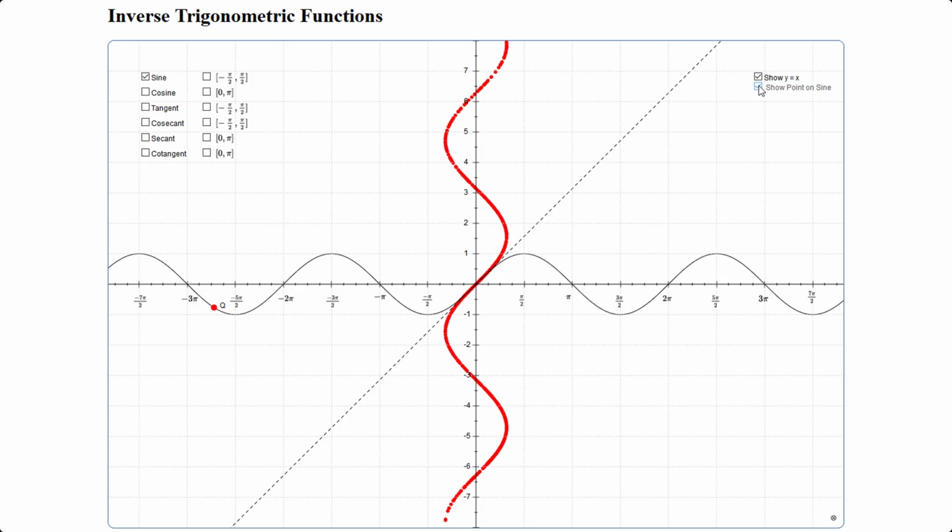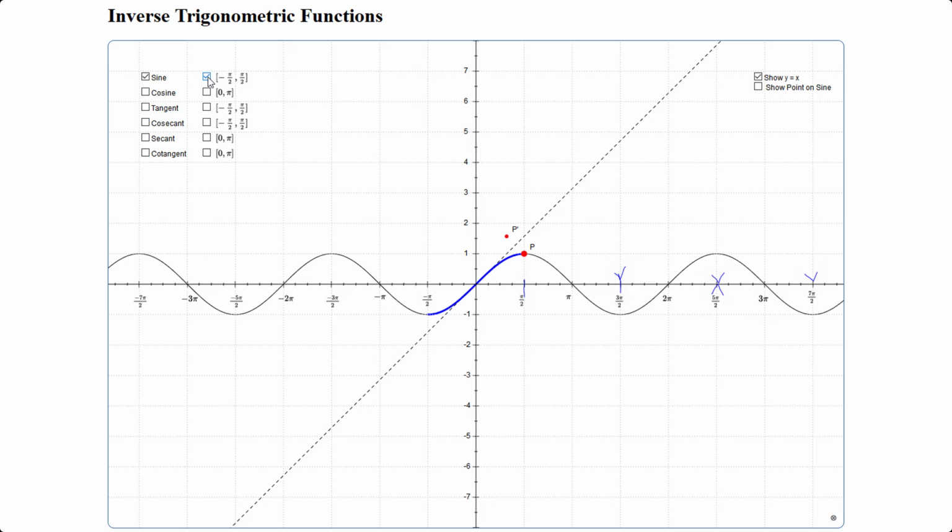All right, let me remove this part. And now I'm going to restrict sine to the interval from negative pi over 2 to positive pi over 2. If you'll notice, every single interval from, say, here to here, or from here over to here, these are just replicas of this mapping of points.